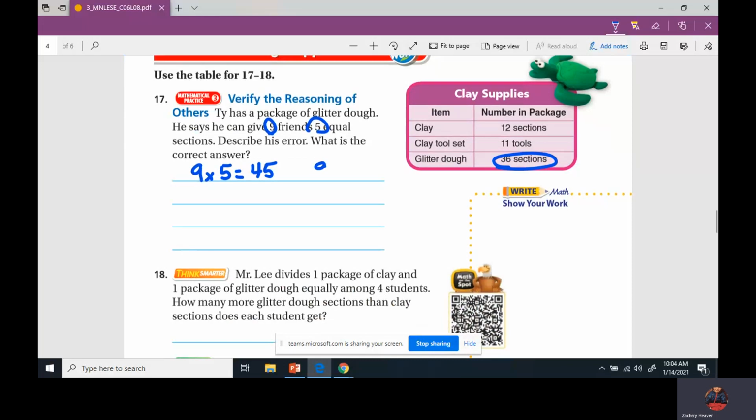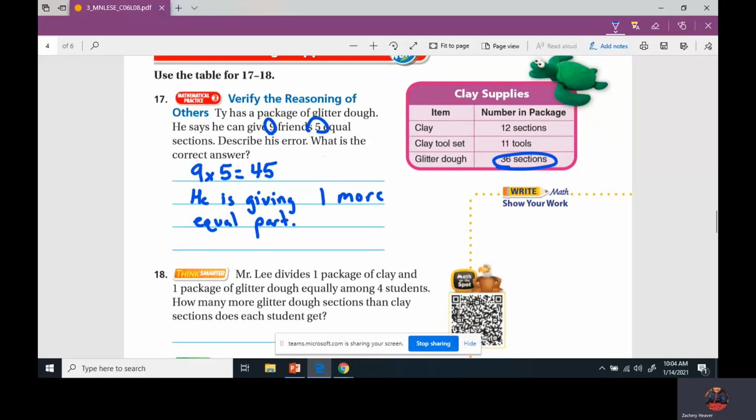If he gave 9 friends 4, that equals 36. 9 times 4 is 36. So what's his error? He's giving 1 more equal part.